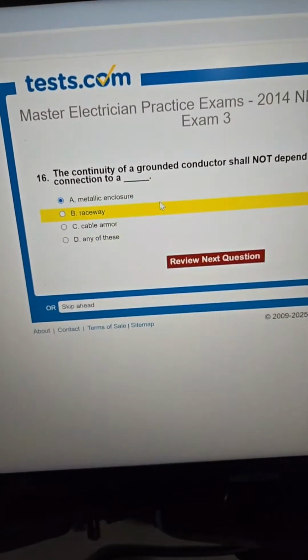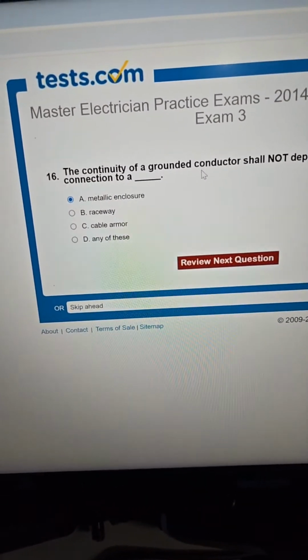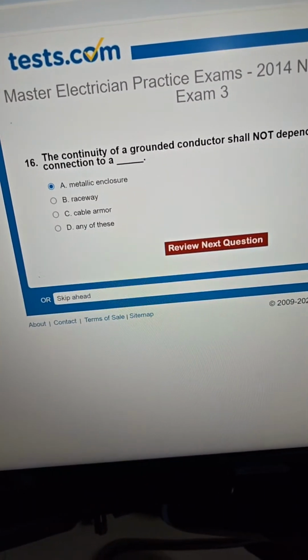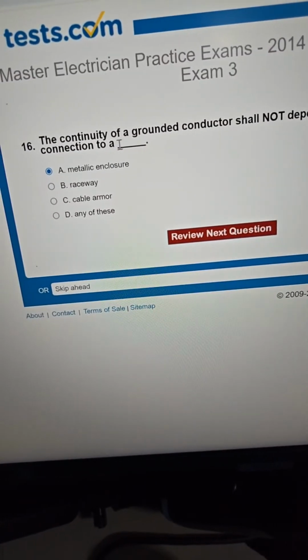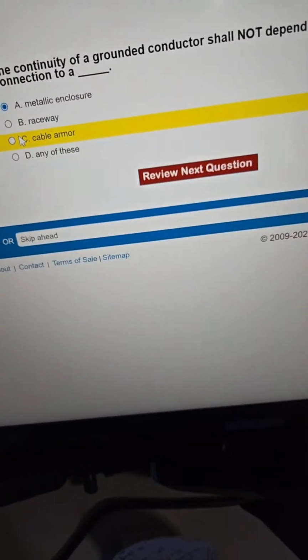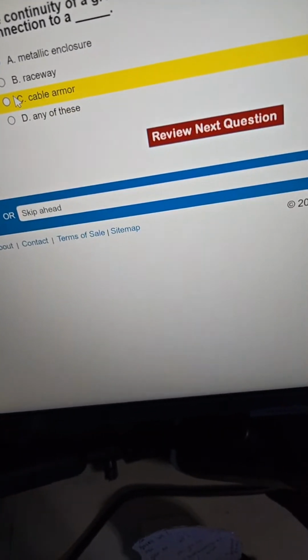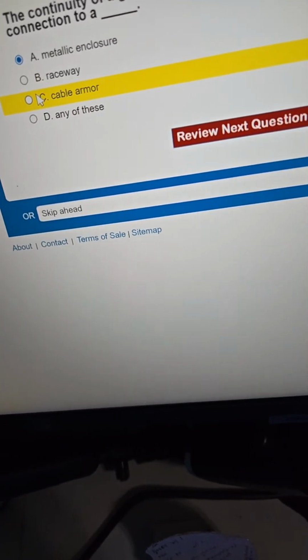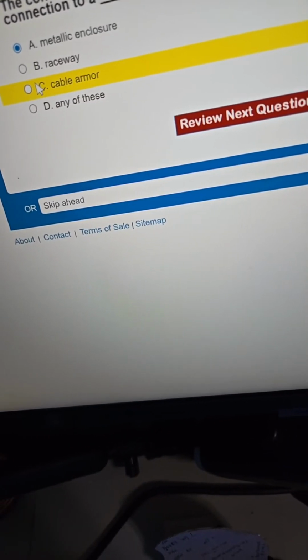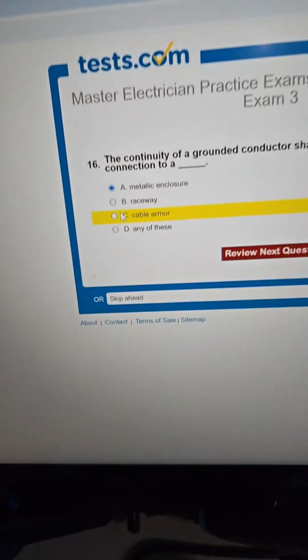Good to know. The continuity of a neutral conductor is shown to be dependent on the connection to... I guess it's so obvious that you wouldn't be connecting your neutral to a raceway, it's going to be any of these.